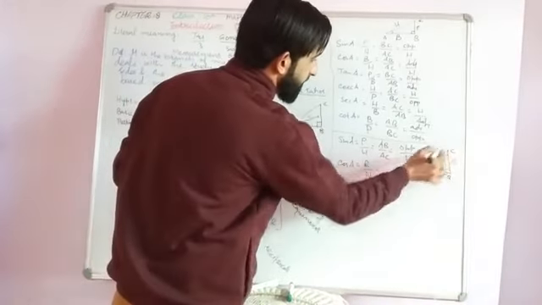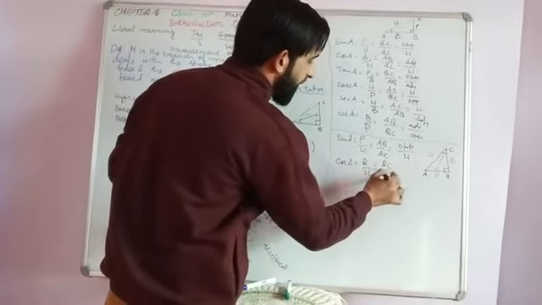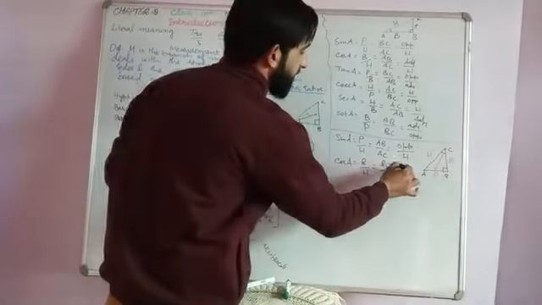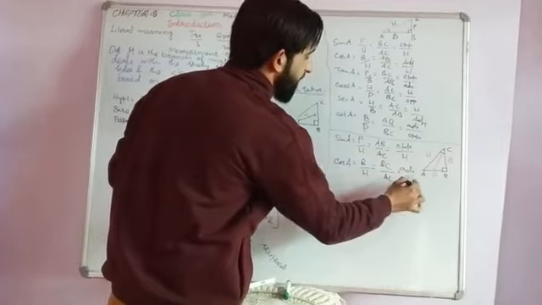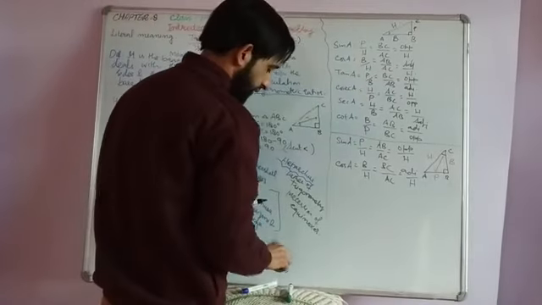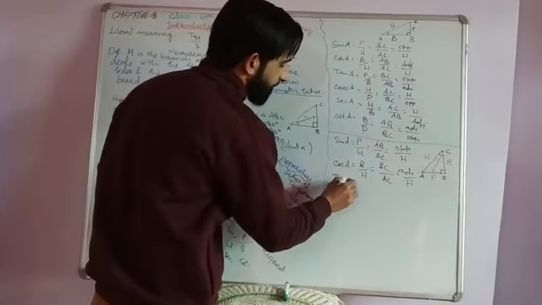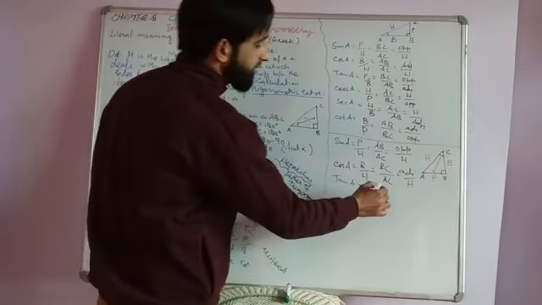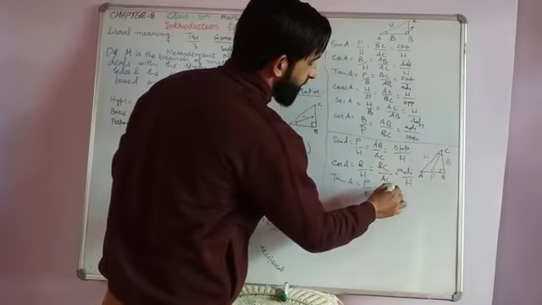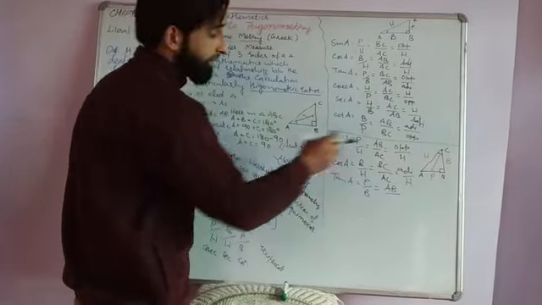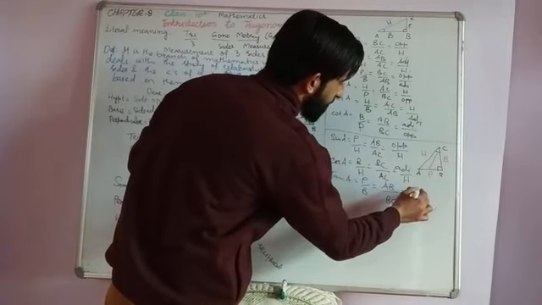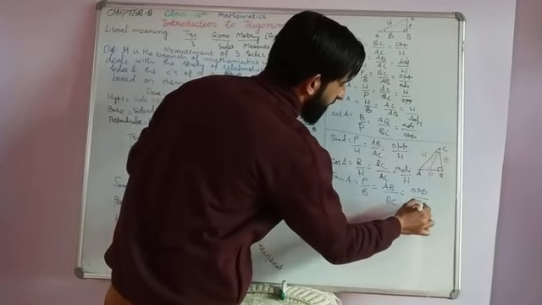Here, base is BC divided by hypotenuse AC, that is adjacent side divided by hypotenuse. Now tan is perpendicular divided by base, that is perpendicular AB divided by base BC, that is opposite side divided by adjacent side.